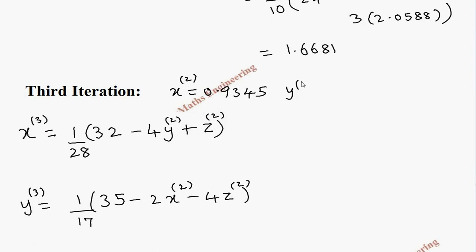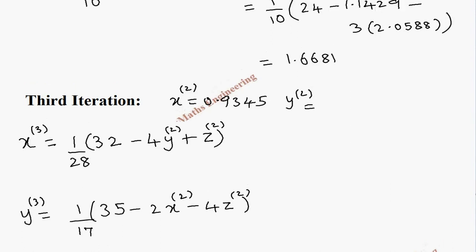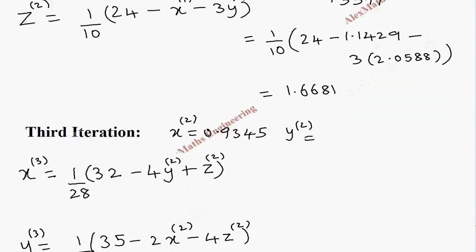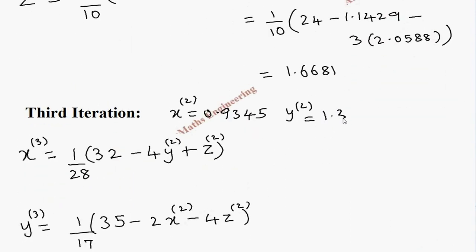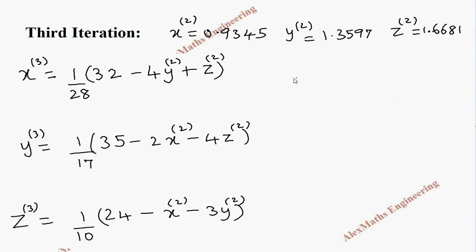Then y of 2 value is 1.3597, and z of 2 is 1.6681. So we are going to substitute all these values and get x of 3.